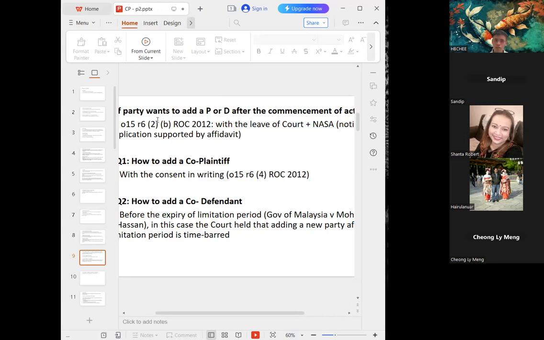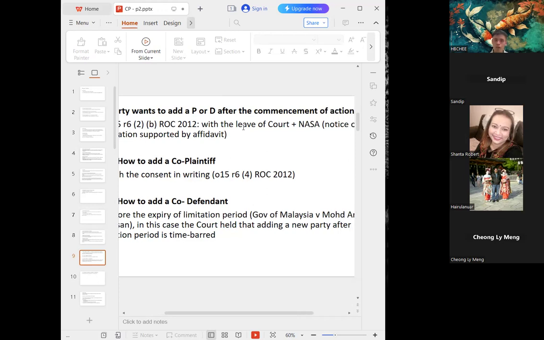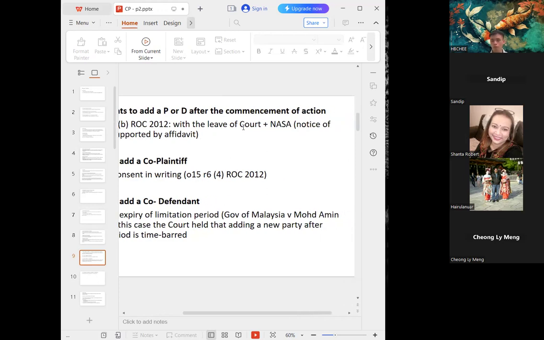The application is given under Order 15, Rule 6, Sub 2B, with the leave of court. You must get the leave of court because you have to explain to the court why this person was not joined in the first place, and now you are going to add them.